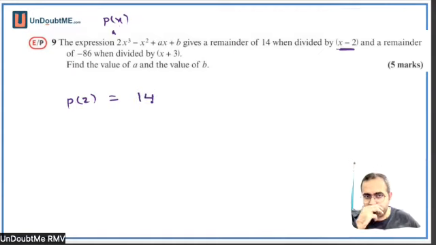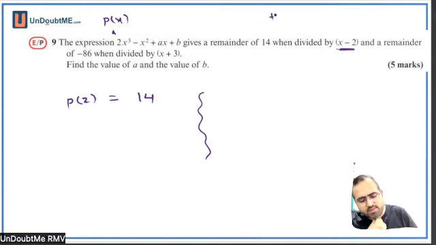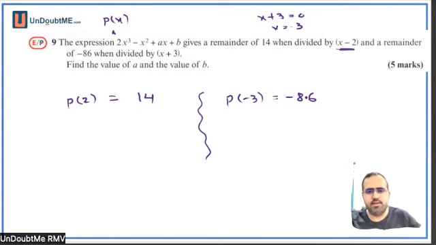That's what they are trying to say. And then it is giving a remainder of minus 86 when divided by x plus 3. Now, when you equate x plus 3 to 0, you'll get x is equal to minus 3. It means they are trying to say that p of minus 3 is equal to minus 86.